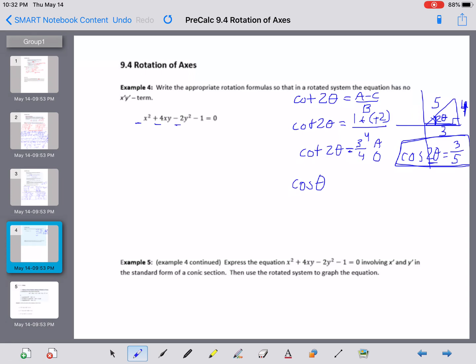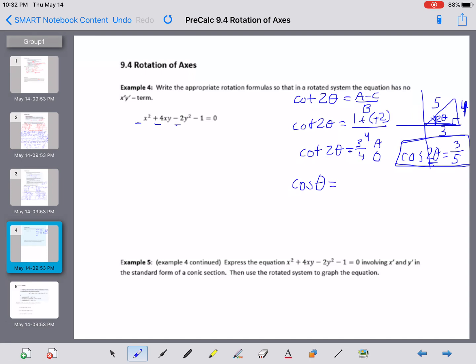I'm doing a half angle, okay? And it said cosine of x over 2. Well, remember, I had 2 theta. When I divide that by 2, I'm just at theta. And what it tells me I have is a positive or negative, and because we're in the first quadrant, we're going to stay positive.